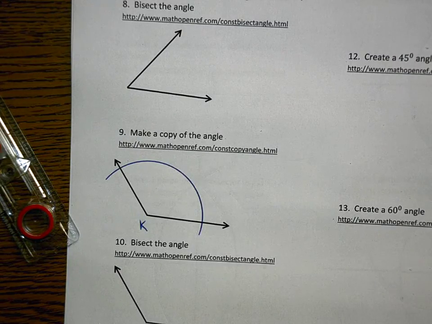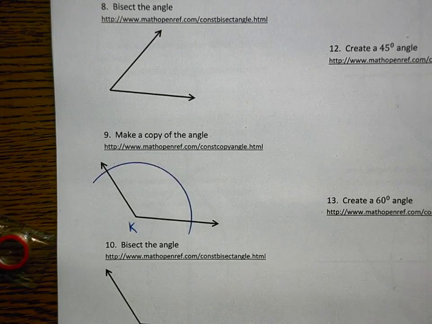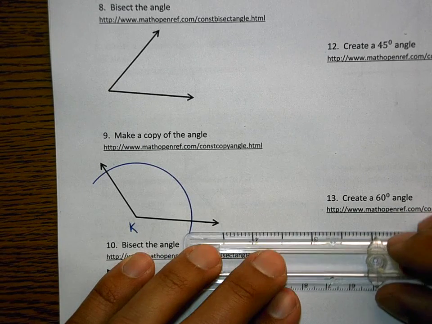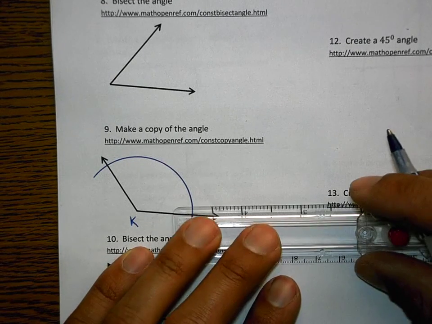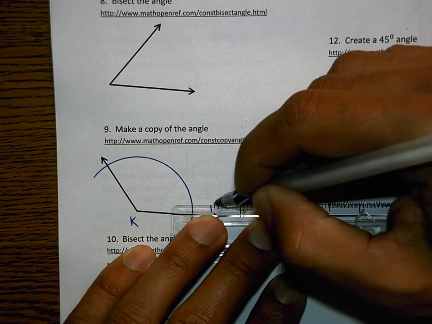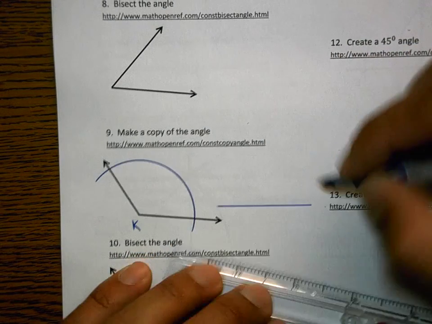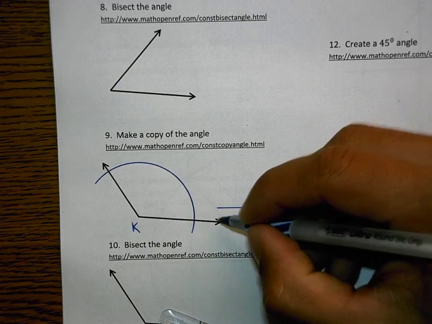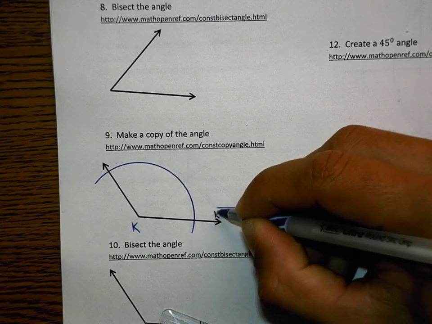And I guess I did not draw a ray yet, but I should draw a ray because I don't have a ray to copy this to. I'm going to call this one right here, and I will label this one as K prime.